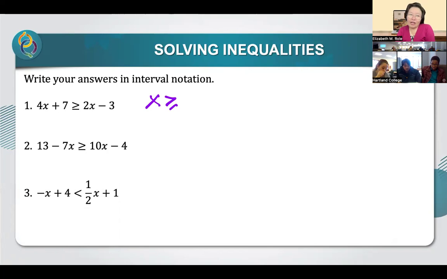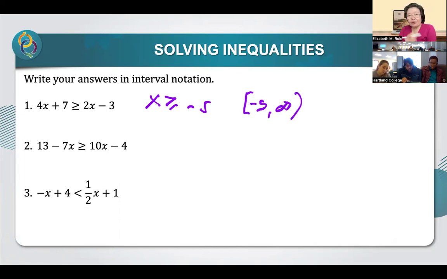-5. Okay. So 4x minus 2x is 2x. Minus 3 minus 7 is minus 10. So it will now be minus 5. And of course, your final answer will be a bracket, since it's greater than or equal to, so you begin with minus 5, then positive infinity.